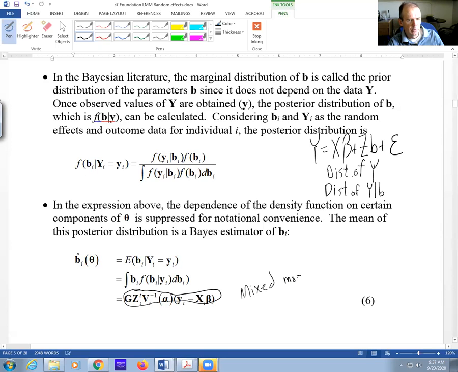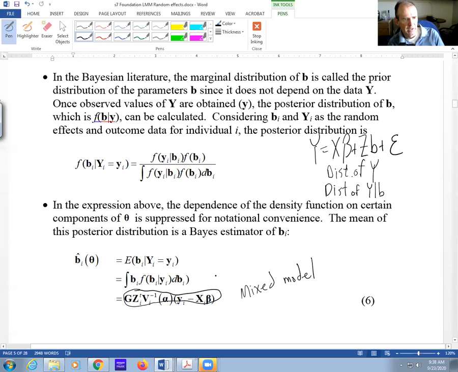So we have a formula that tells us how to compute those random effect estimates using the Bayes method approach. So what is G? That's the covariance matrix for the random effects. Z is a design matrix, right? V inverse is the inverse of the variance of Y. And we have Y minus X beta. So that's our Bayes estimator.